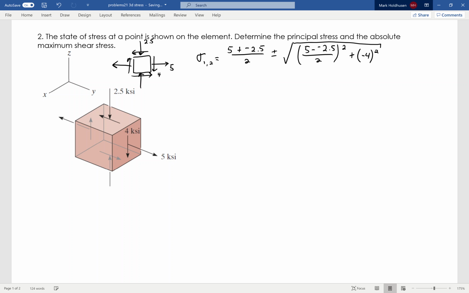And from that I can find that my principal stresses are 6.73 KSI, and sigma 2 is negative 4.23 KSI.